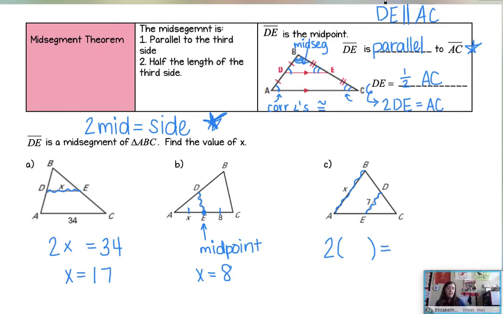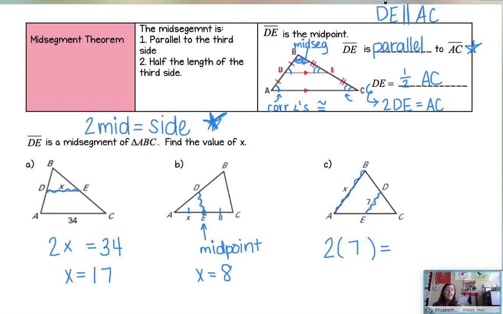So in this one, what will I put in for the mid-segment? In C, what number do I put in for the mid-segment? Very good. Yeah, so my mid-segment, remember it connects my midpoints. So my mid-segment is 7. Perfect.